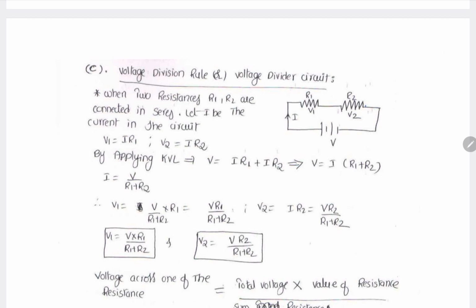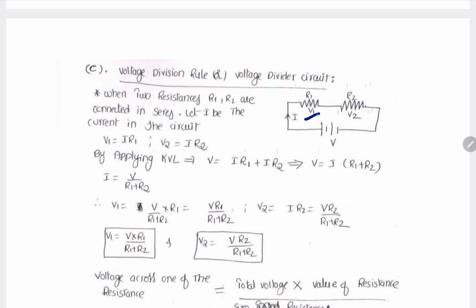As already discussed, a series circuit acts as a voltage divider circuit, and a parallel circuit acts as a current divider circuit. So we have two important formulas, the voltage division formula and the current division formula. Let us start with the voltage division formula.